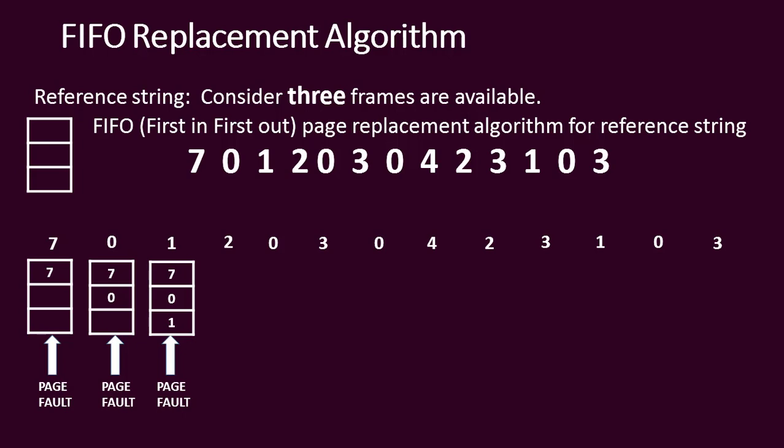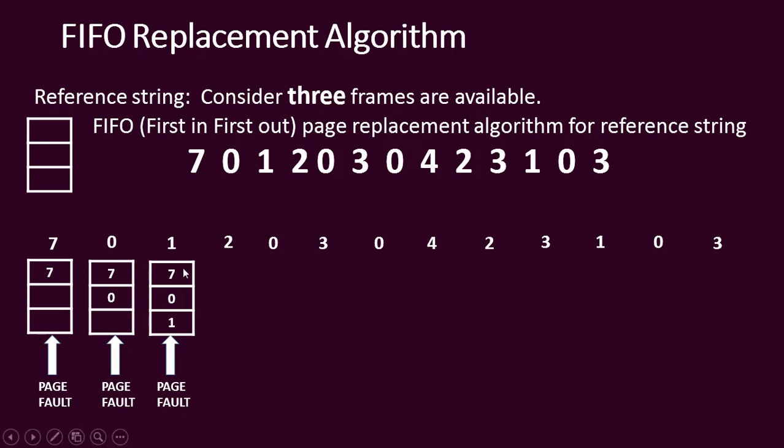Now consider the next page, 2. Here the entire memory buffer is filled, but our desired page is not there, hence a page fault is going to occur. But now the question is which page the system has to swap with.